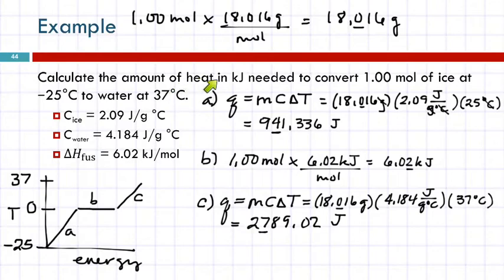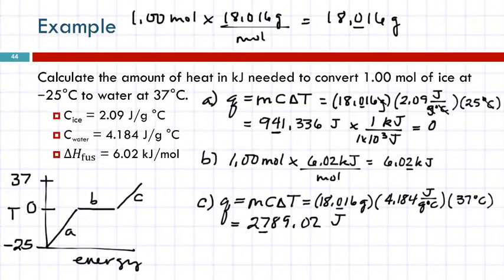They're asking for the amount of heat in kilojoules. I've got 2 of these in joules and 1 in kilojoules. And these numbers are kind of large, so let's convert these to kilojoules and then add them together. If I want kilojoules, I'm dividing by joules. Kilo means 10 to the 3, so I'm dividing by 1,000.